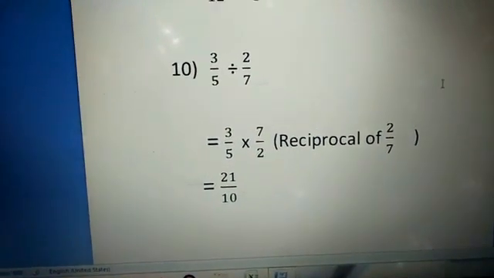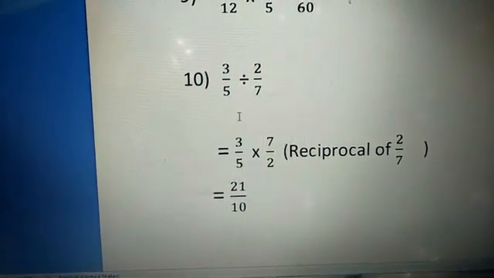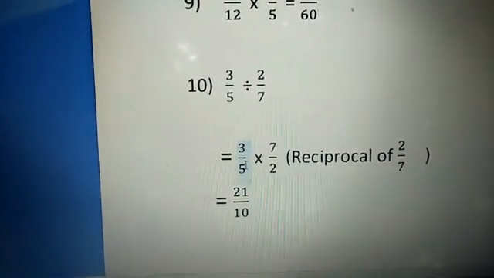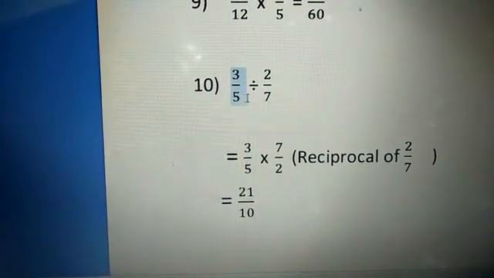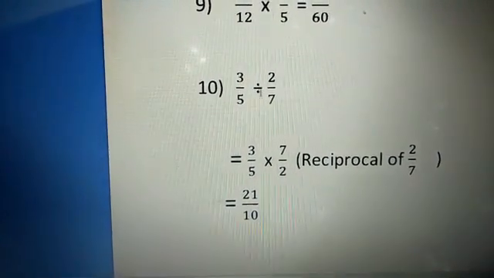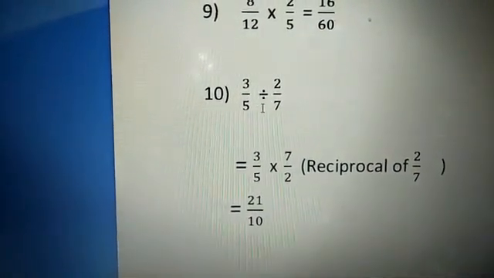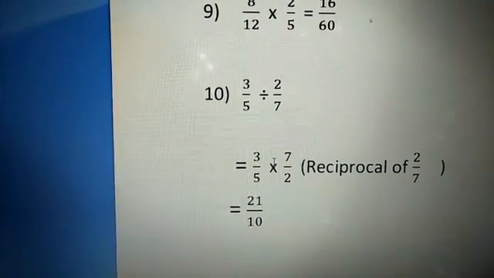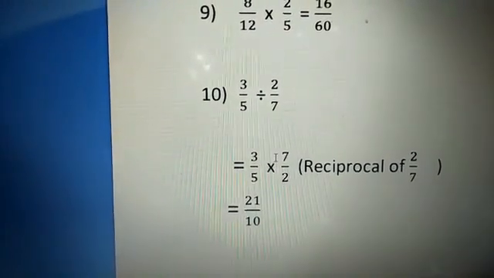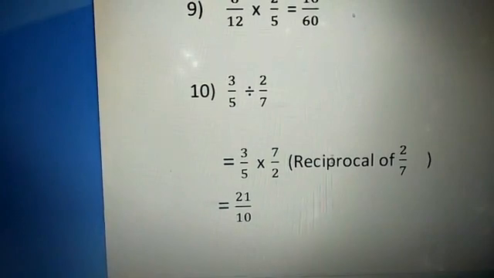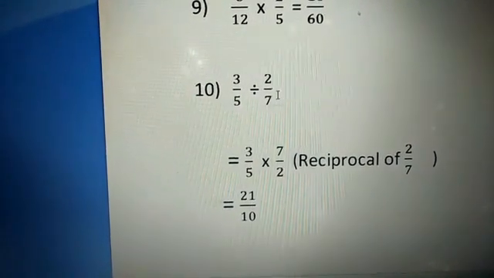So I take the first fraction as it is, 3 divided by 5. Then I change this division into multiplication. We should change division into multiplication. For this change, I find the reciprocal of the second fraction.